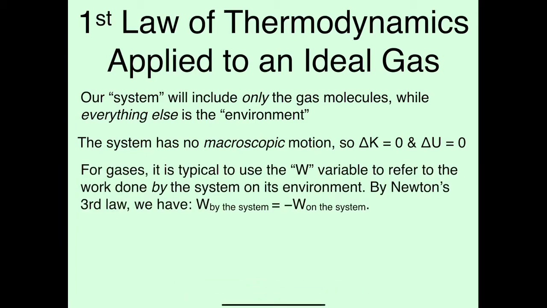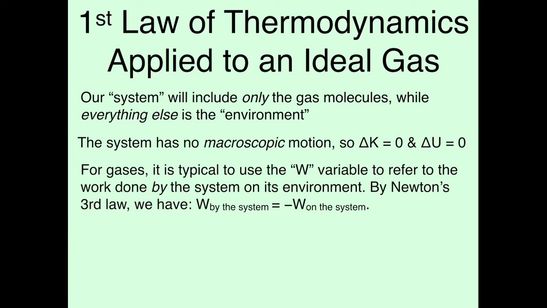Okay, the next thing is we need to talk about work. So the variable W refers to work, and when it comes to gases, what we typically do is we use the W variable to refer to the work done by the gas, by the system, on its environment. So in the conservation of energy equation that we just outlined before, the W term means just the opposite. It means the work that the environment is doing on the system.